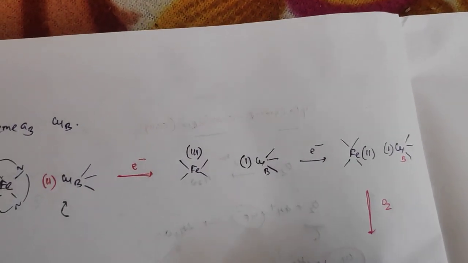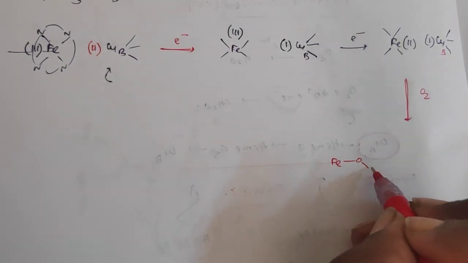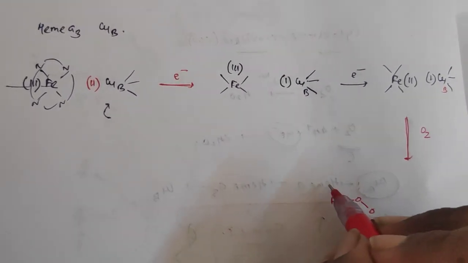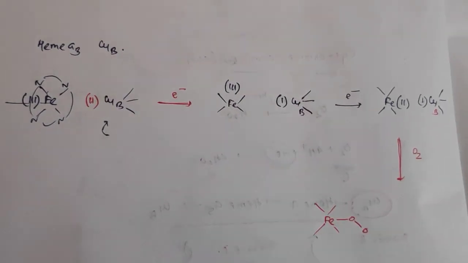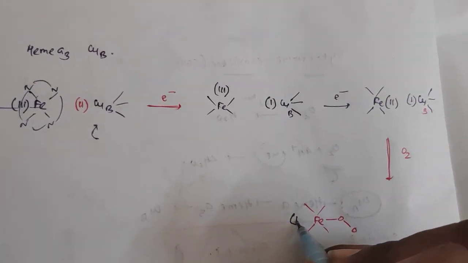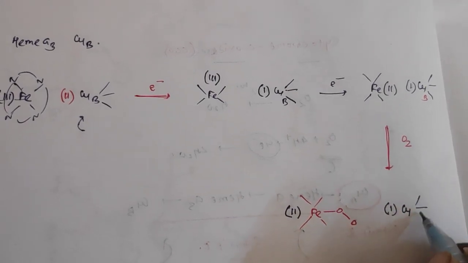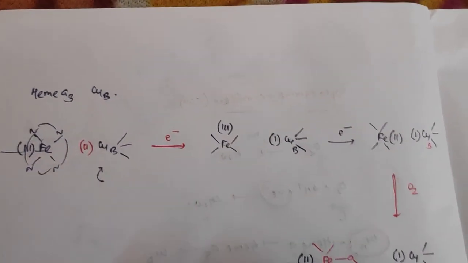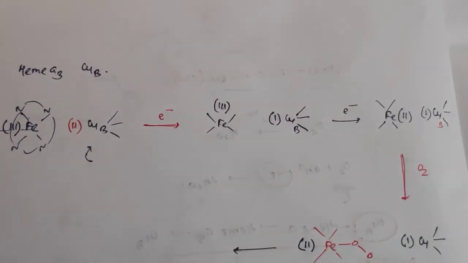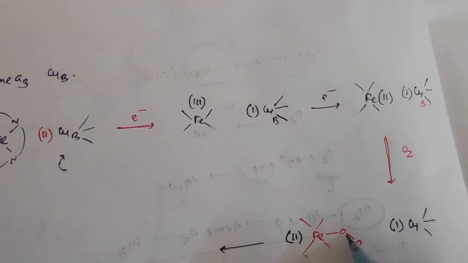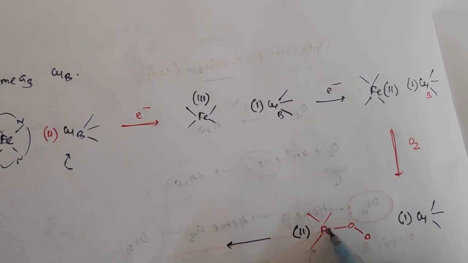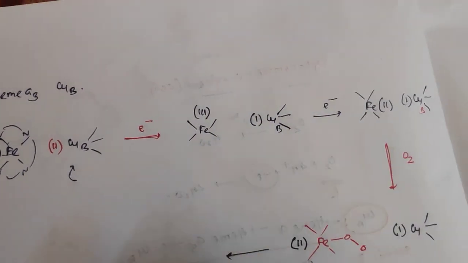Okay, so O2 will bind to the iron center like this one, and it is bound with porphyrin, iron in plus 2 oxidation state and copper in plus 1 oxidation state with 3 N-histidine. Okay, then what will happen, that O will drag electron from iron and the oxidation of iron will take place.